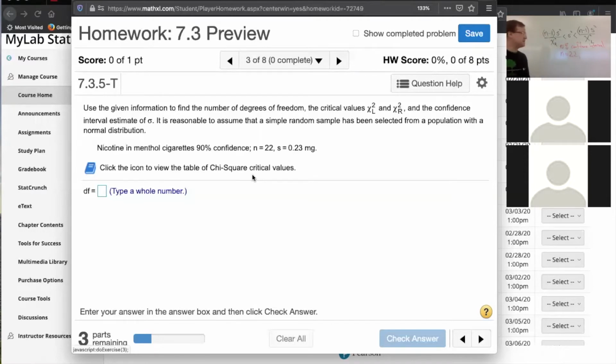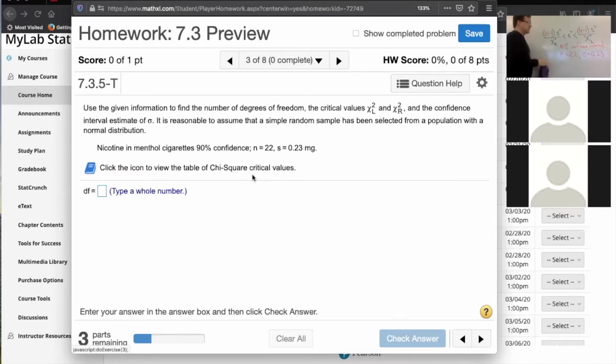And s, that is to say the sample standard deviation, is 0.23. So now you can see what n is. n is 22. This n is also 22.